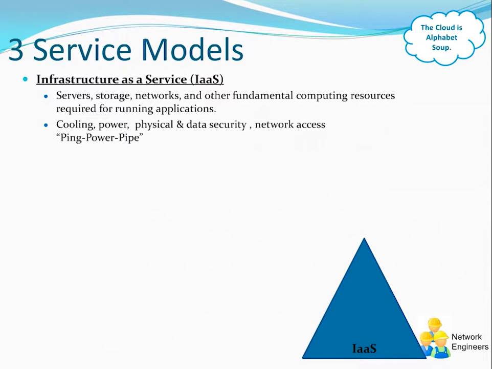The IT infrastructure, by definition, is things like servers and storage devices, and the networks that connect them all together, all the things that make up an IT department, and that infrastructure can be provided by a hosting company as a service. In other words, instead of buying all of that stuff, they're going to allow you to use it for a monthly fee. And when you buy infrastructure as a service, you also get along with that the air conditioning that it takes to make that system work.